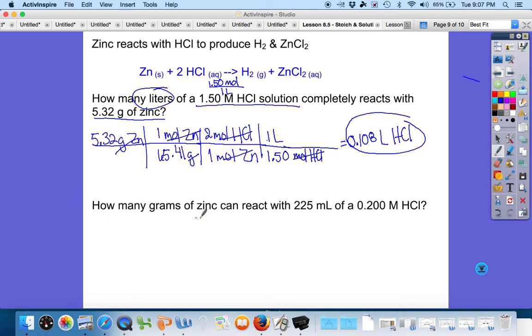Similarly, how many grams of zinc can react with 225 milliliters of a 0.2 molar hydrochloric acid? So again, this is our conversion factor. The milliliters, which we need to convert to liters, which is 0.225 liters. So 0.2 moles per 1 liter.